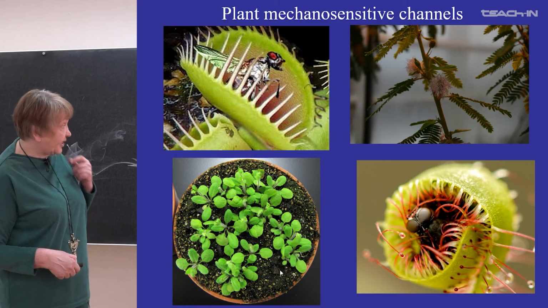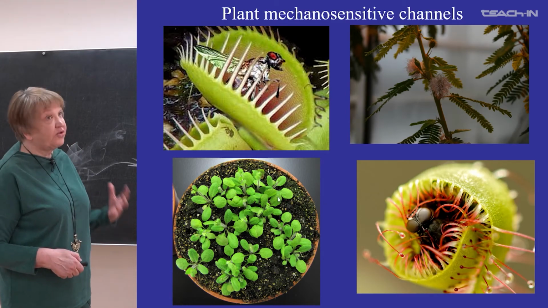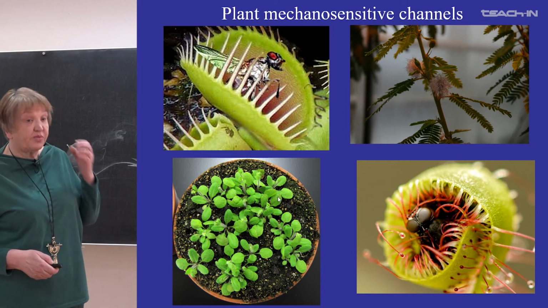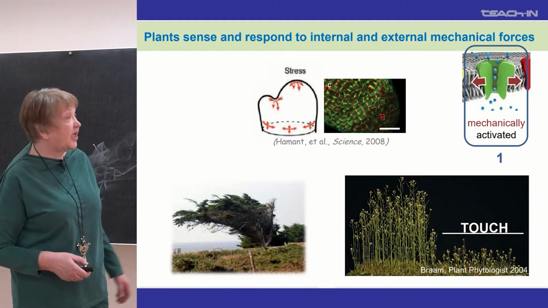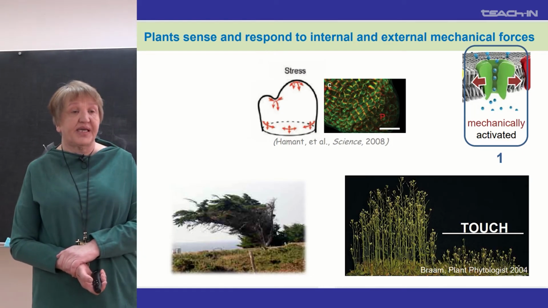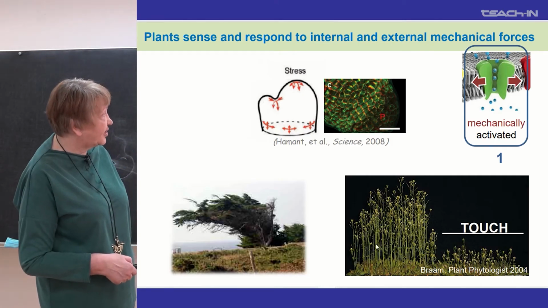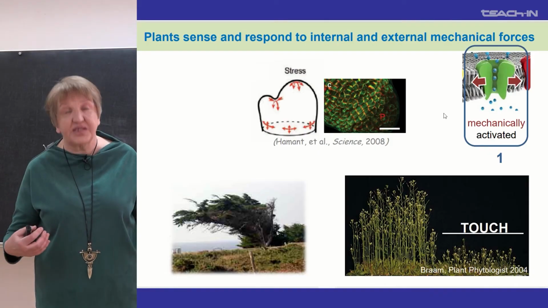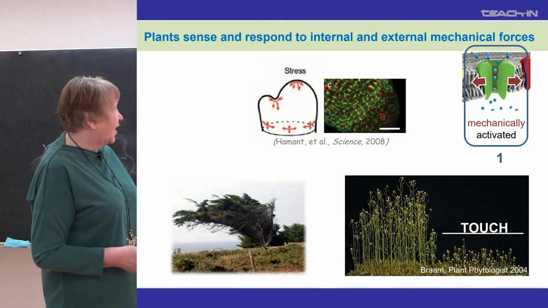Just seedlings, Arabidopsis seedlings or any plant actually, respond quite profoundly to mechanical stimulation. So they respond and sense mechanical forces. So the idea is there are channels that are activated just by stretching of the membrane. Membrane is stretched, they open.